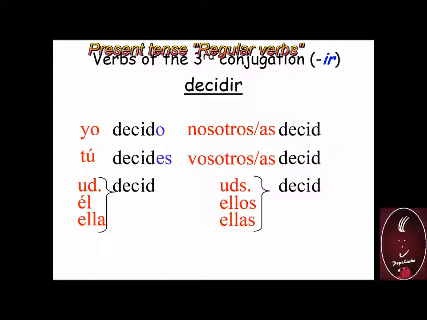O, es, e, imos, ís, en. What is the emphasis? Yo decido. Tú decides. Él, ella, usted decide. Nosotros, nosotras decidimos. Vosotros, vosotras decidís. Ustedes, ellos, ellas deciden.